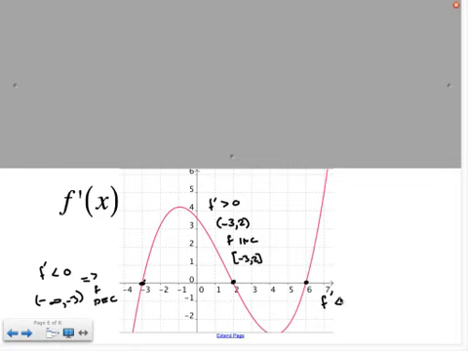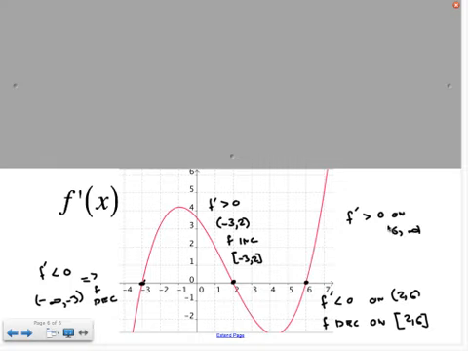So f prime is less than 0 on 2 to 6. So what's f going to do? f is going to decrease on (2, 6). And finally, your first derivative is greater than 0 again from 6 to infinity. And so that means f is going to increase on the closed interval 6 to open infinity.